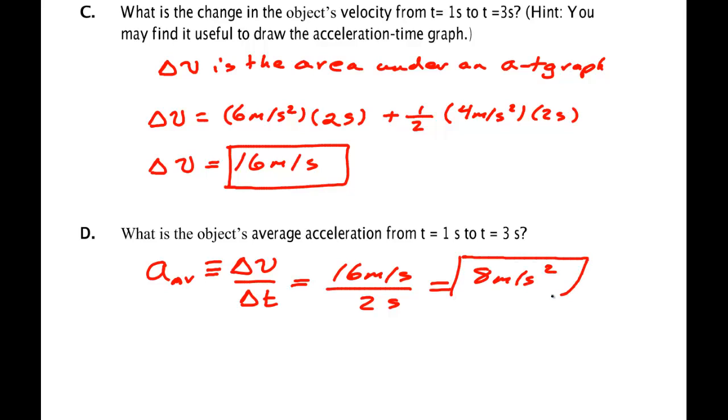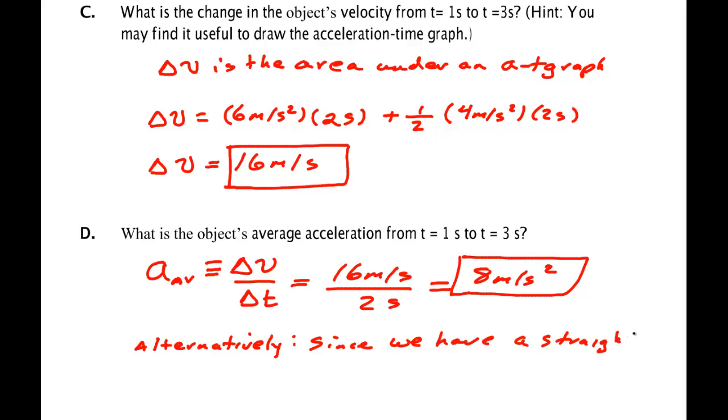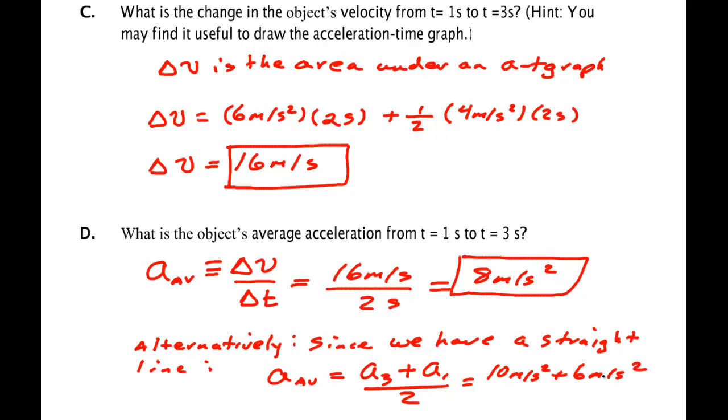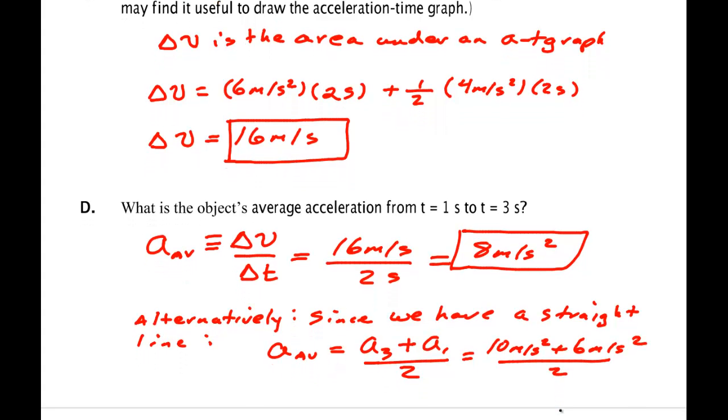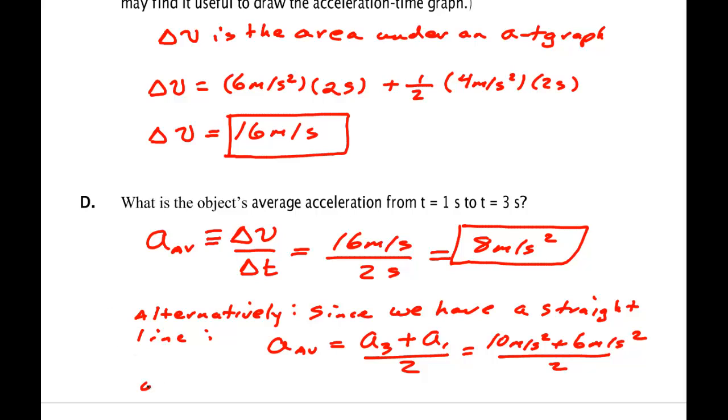Now, because that line was a straight line, alternatively, a average could also be found by taking the acceleration at 3 plus acceleration at 1 and dividing by 2. So if you did that, it was 10 meters per second squared plus 6 meters per second squared over 2. And when you plug that in, you get that a average is 8 meters per second squared.